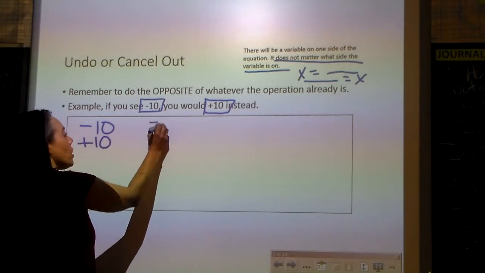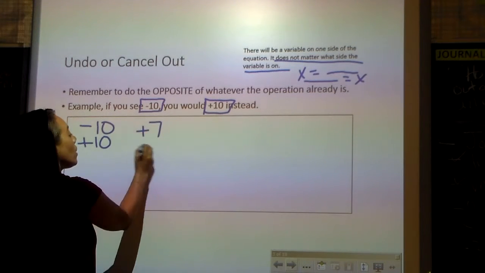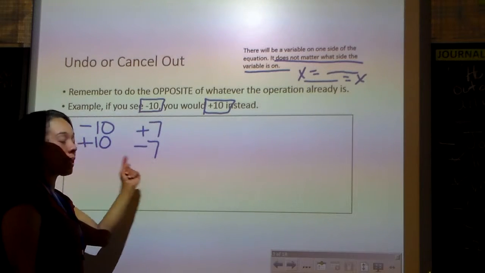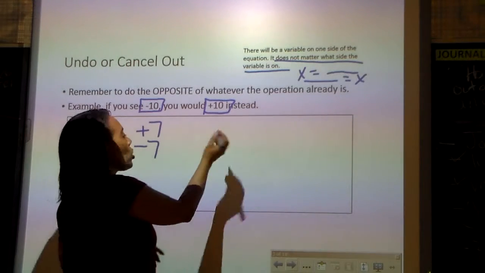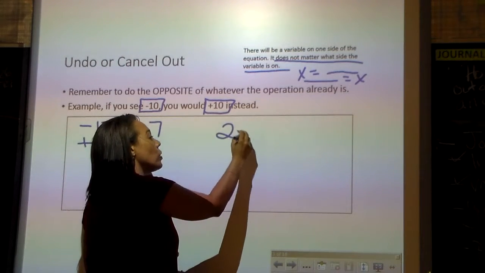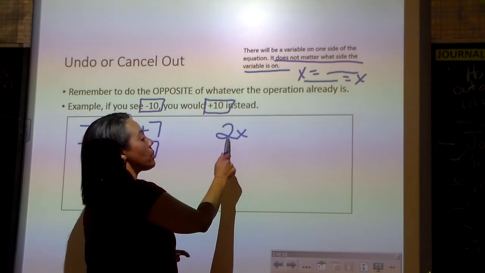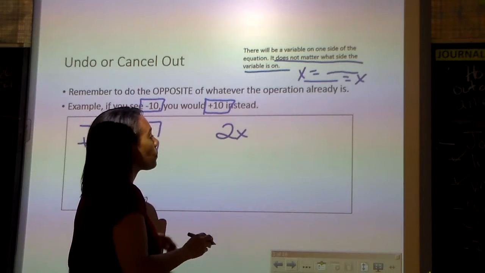So for an example, a positive 7, the opposite would be a negative 7. Or I would call this plus 7, minus 7. There's another way you could see this written. You could see just a 2 with the variable x stuck to it. This means 2 times the letter x, number x.